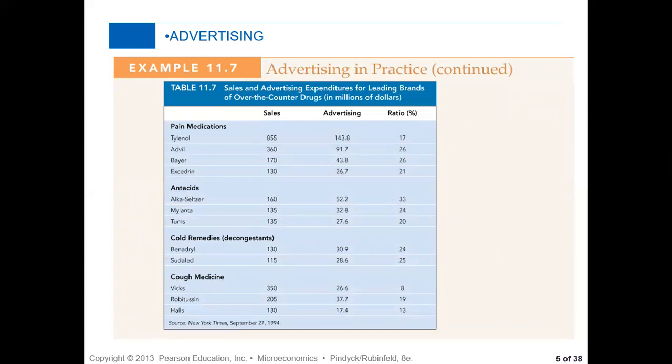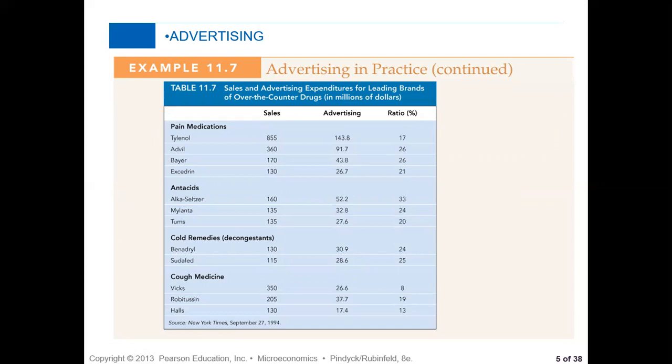If we recall this data from the United States, you will have pain medication, and you have medicine as well. It is highly affected by advertisement. Medicine for pain, let's say Tylenol and Bayer and Excedrin for painkillers.